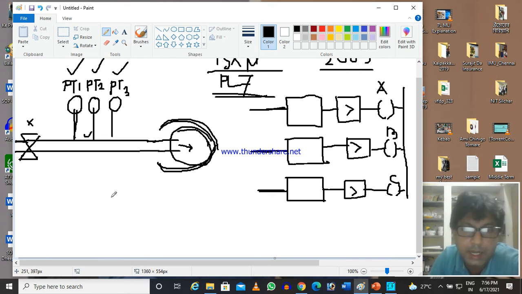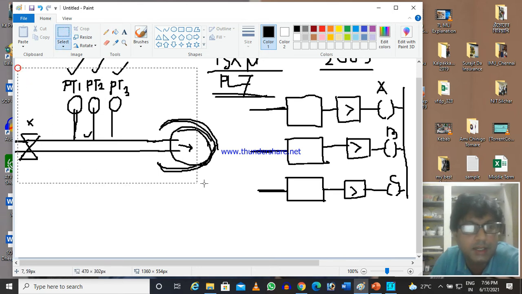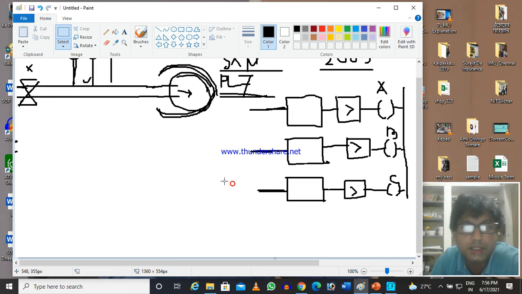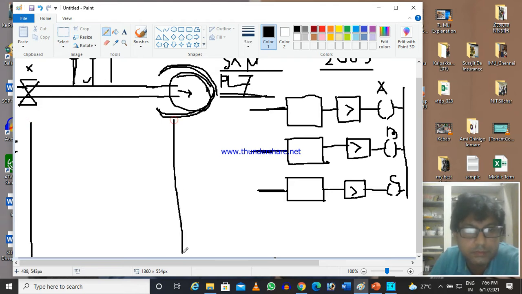The logic is slightly bigger, with other feedback and protection as well, but I am not showing that, only the voting logic part. So this is your ladder. Now let me draw it first.